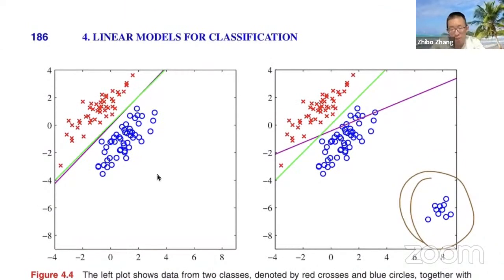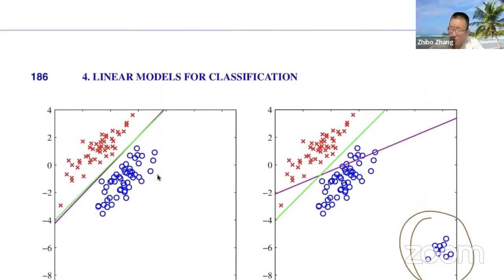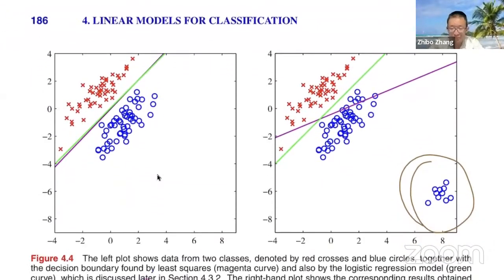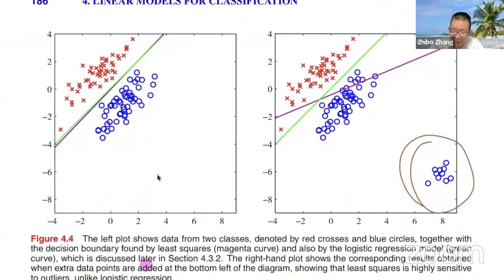So what is the magic behind logistic regression? We will see that. It tries to maximize the likelihood. You can see that the green line here, which is the decision boundary given by the logistic regression model, is still staying at a relatively stable position.